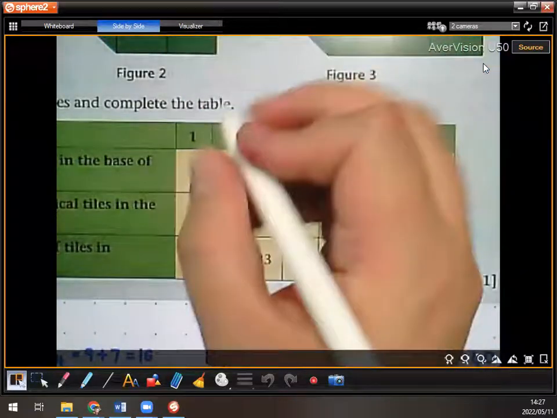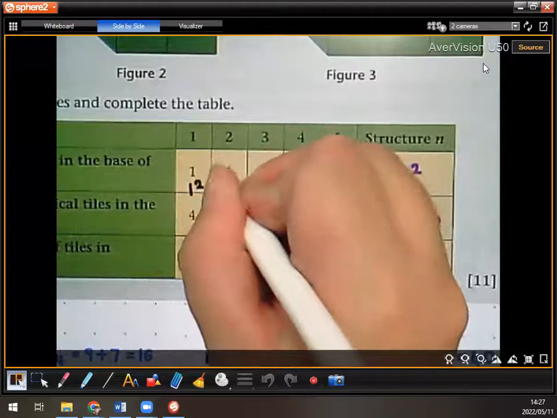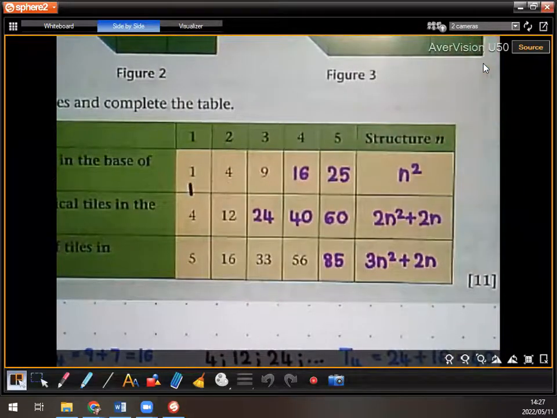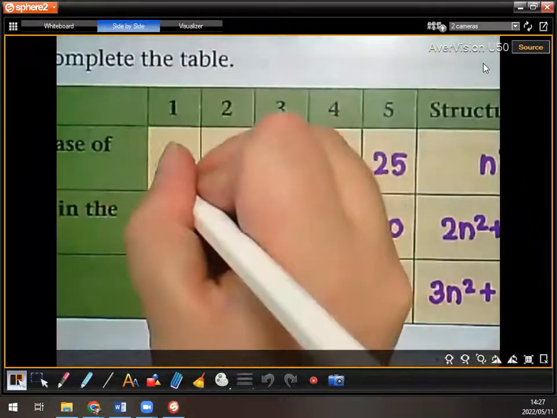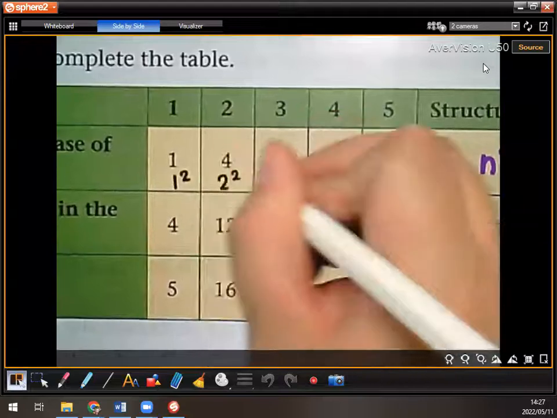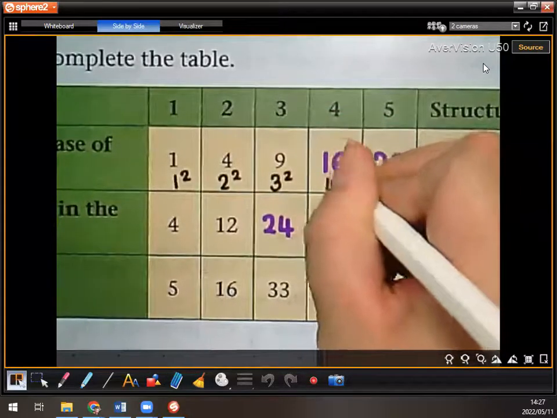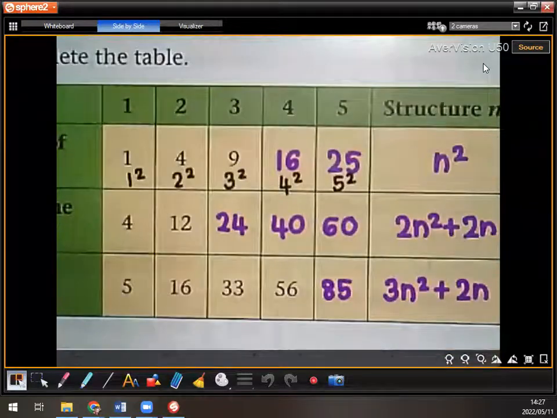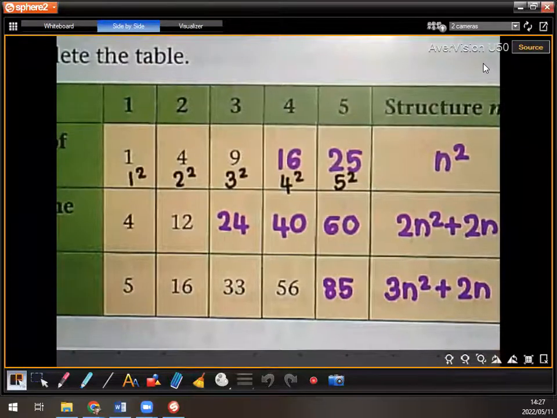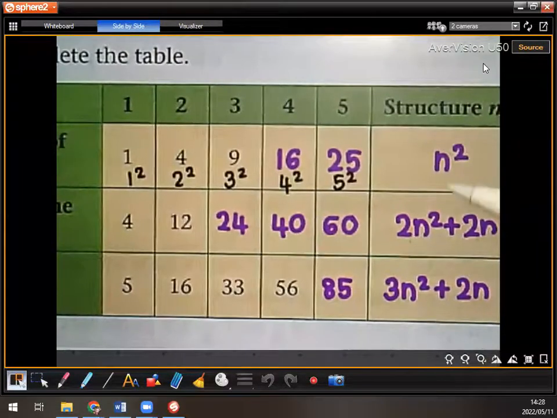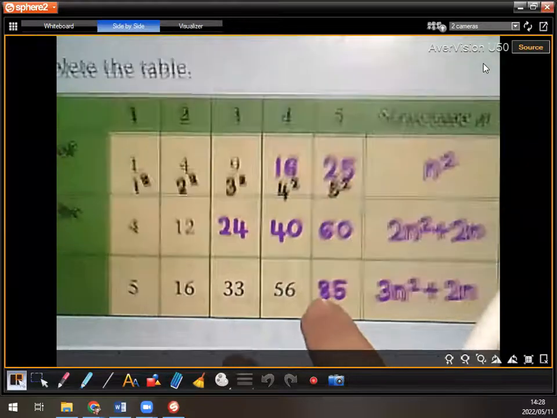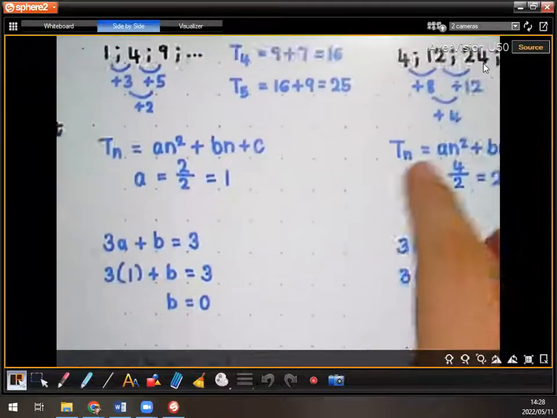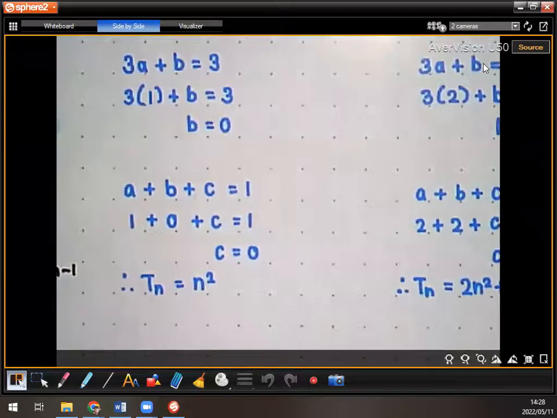Right? I'll write it in black there. 1 is 1 squared. 4 is 2 squared. That is 1 squared. That's 2 squared. 3 squared. 4 squared. And then 5 squared. So do you guys see why I'm saying that my term n is going to be n squared? It's always the term number that we're squaring to get the actual number in the pattern. Right? So that was one that you could actually have done by inspection. Or you could have done the whole long calculation, and you would get n squared from it.